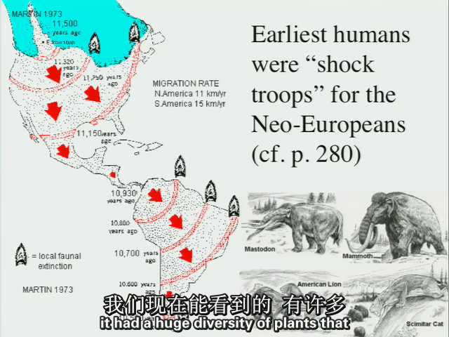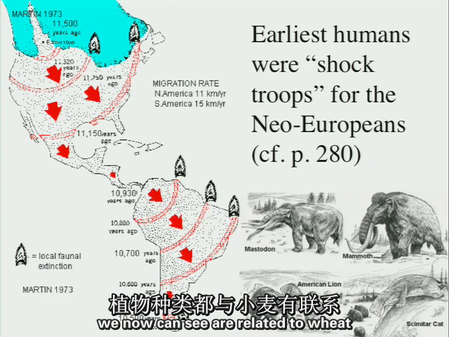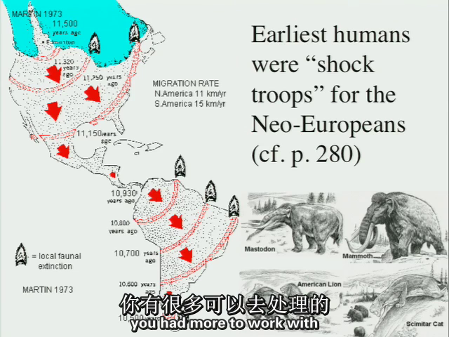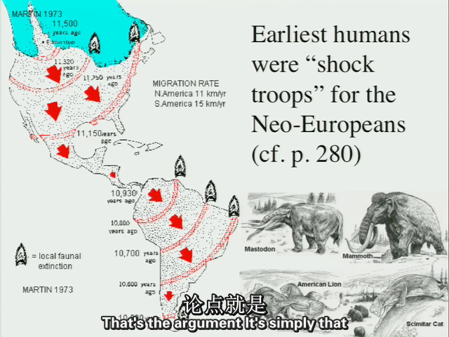It had a huge range, a huge diversity of plants that we now can see are related to wheat, and therefore you had more to work with, right? Similarly with animals. That's the argument.